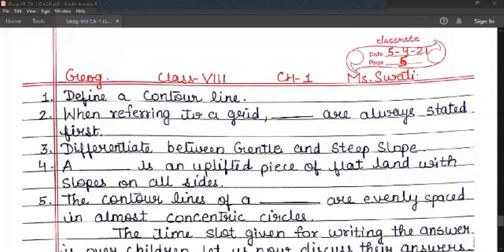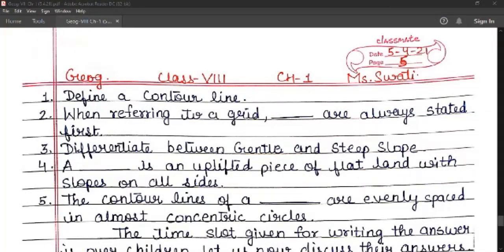Now students, let us recapitulate the topic by means of a quick retest. Let me ask you a few questions, after which you may pause the lesson for 5 minutes. Question number 1, define a contour line. Question number 2, when referring to a grid, dash are always stated first.